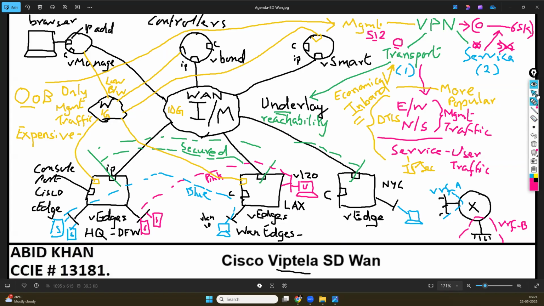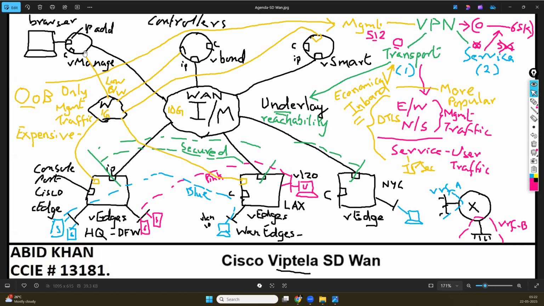Now next, can these controllers be in different locations, or can they be in the same location? Yes, they can be in different locations, or they can be in the same physical location. They can be in the same place, in the same segment, in the same VLAN.